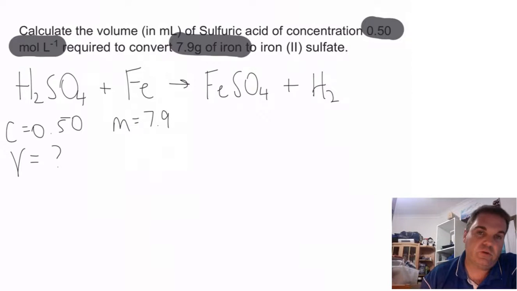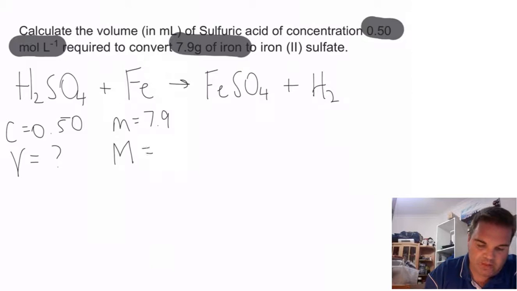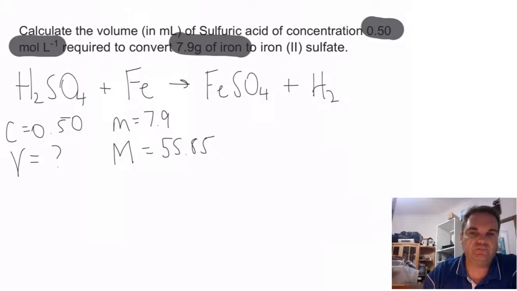Okay, so we need to know our known. Our known is obviously going to be iron, but we've only got one value for it at the moment. But we can always work out the molar mass. All you've got to do is go to the periodic table to get the molar mass. For iron it's 55.85. The third step is to calculate the number of moles of our known.